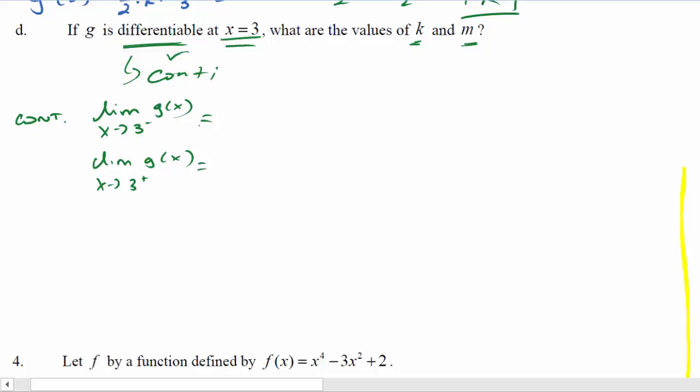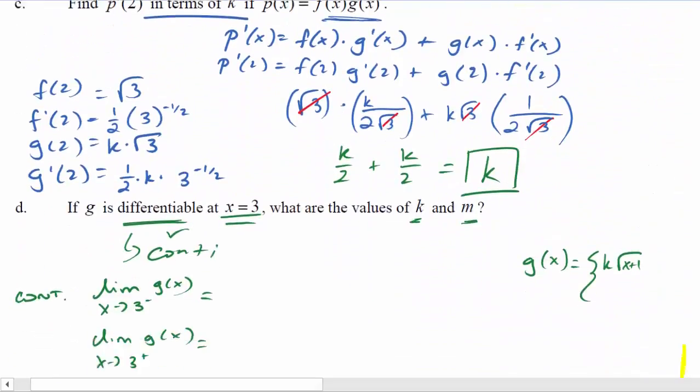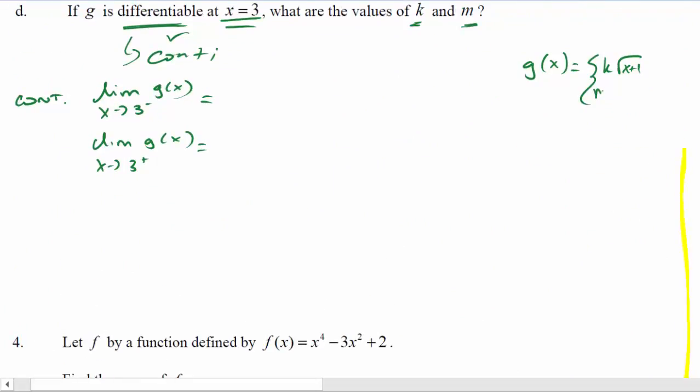Well, all I have to do is plug in 3 into the left side and the right side of g of x. Well, I'm just going to write g of x over here so I don't forget what it was. It was k times the square root of x plus 1, obviously ending at 3. And the other one was, I did forget, mx plus 2, starting from 3.